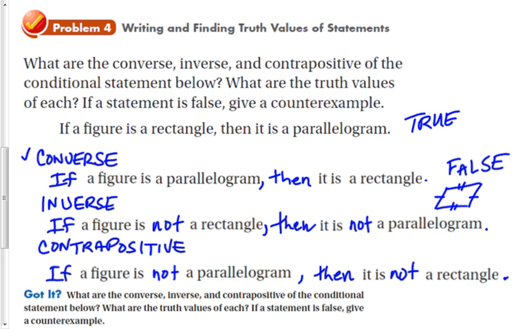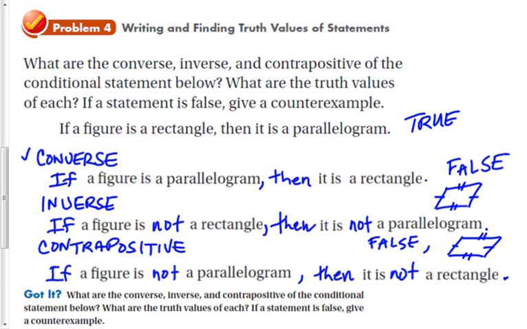So that's false. The next statement, the inverse, if a figure is not a rectangle, then it is not a parallelogram. That's also false because of the same reason. We can have a figure like this that is not a rectangle and is a parallelogram.